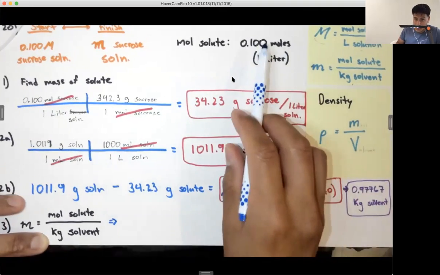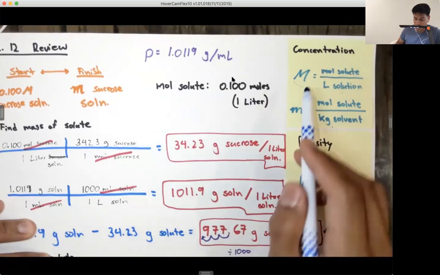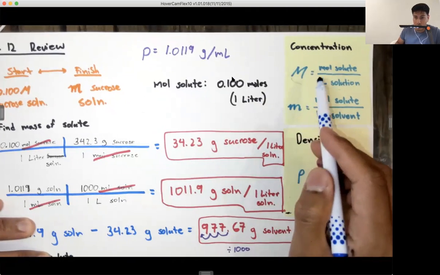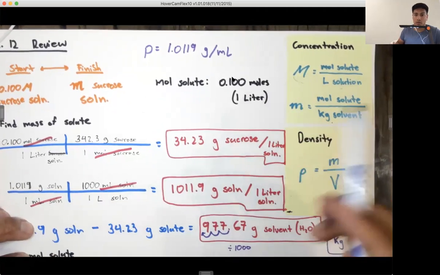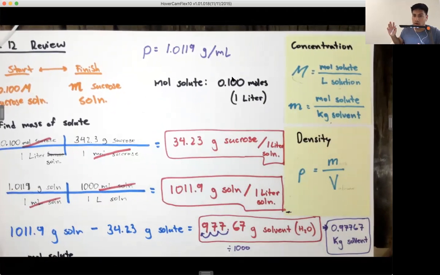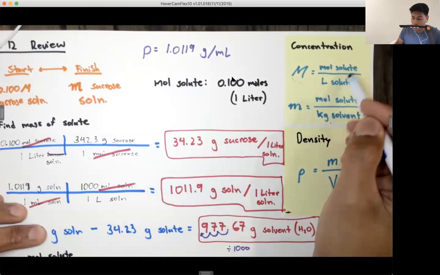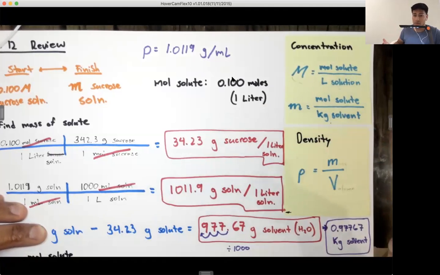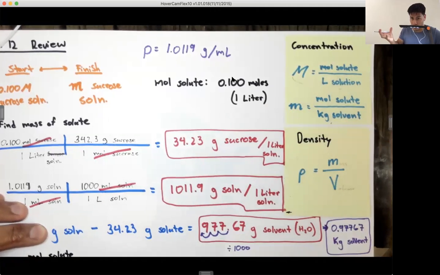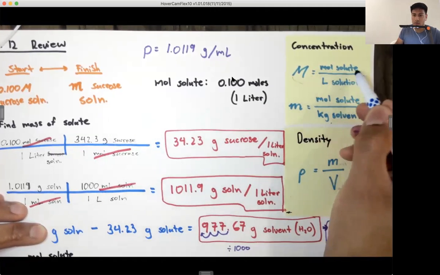And how do we know that? You guys need to understand that this big M almost always is just telling you the moles. Don't let it confuse you as some abstract concept. It's moles of solute per 1 liter of solution. Most of the time, you're just going to be working with 1 liter anyway.